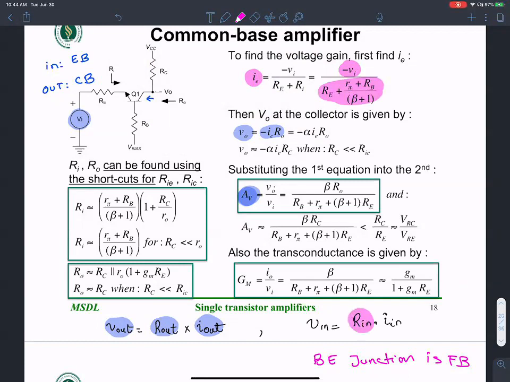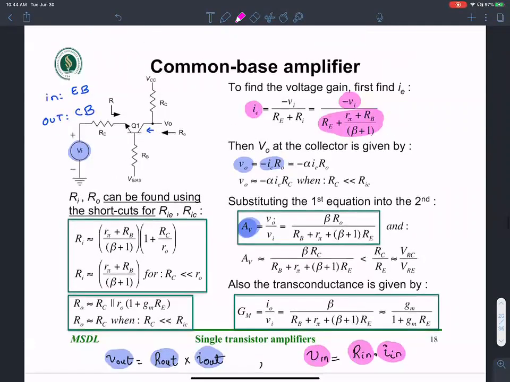So this gives you the relationship between V input, I input, and R input, shown in the purple function here. Once you manipulate this, what you will see is V output over V input is simply beta R naught by RB plus R pi plus beta plus 1 times RE.